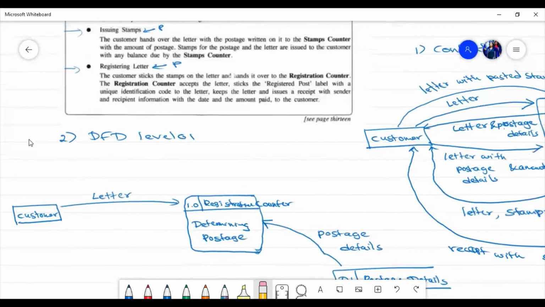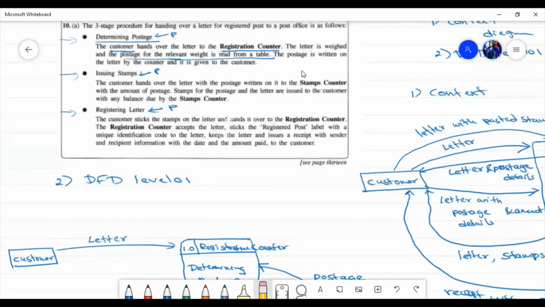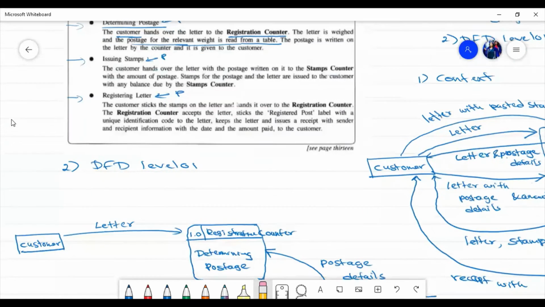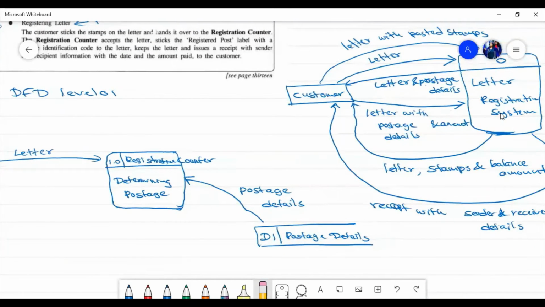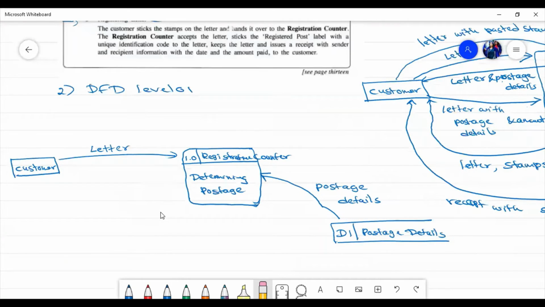Then it says the postage is written on the letter by the counter and it is given to the customer. Those are manual steps: written on the letter and given back to the customer. So this is the arrow, letter and postage details. We have to write the exact thing.